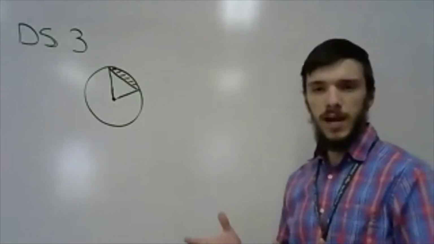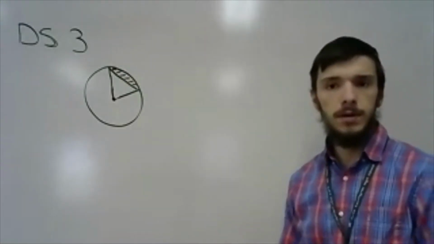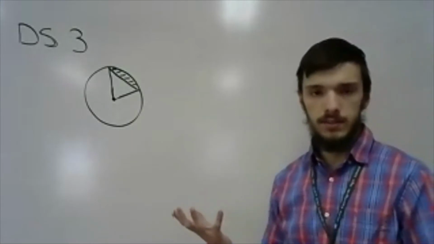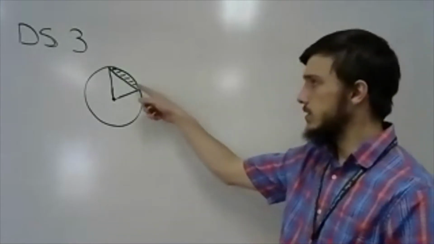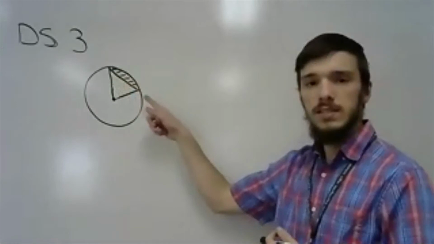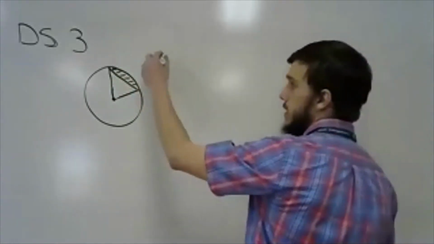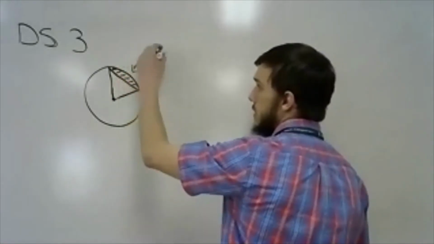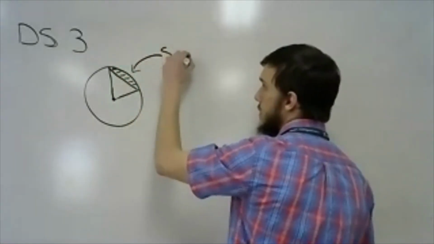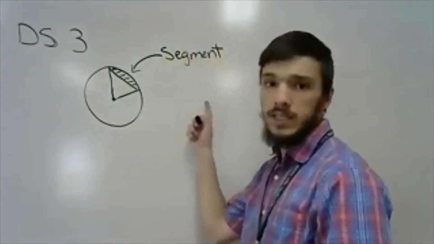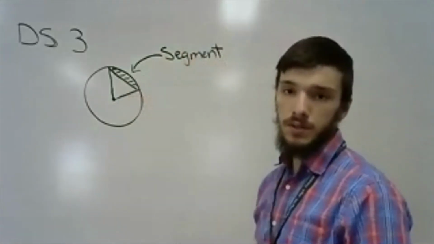So sometimes we're asked to find the area of parts of a circle that are not sectors. Take this shaded region for instance. This is not a sector of the circle. We call this a segment of a circle.